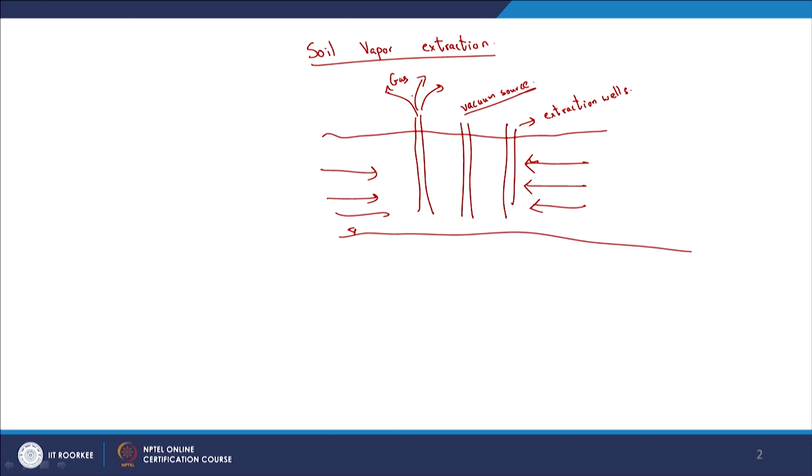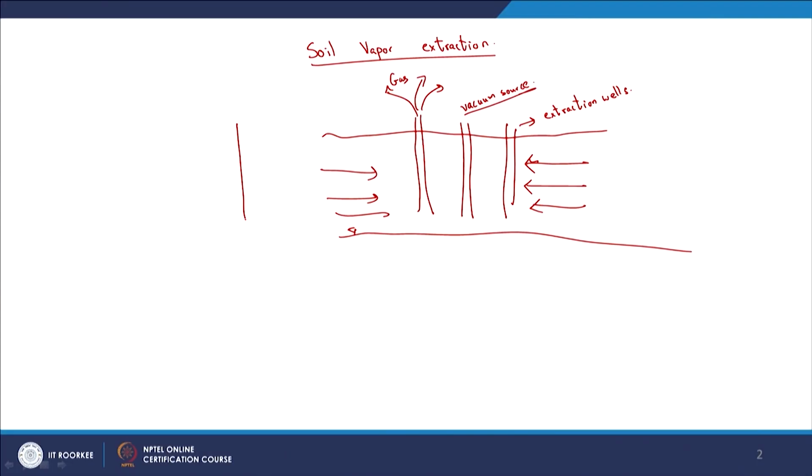As you are drawing something out, there is always going to be some resistance over time. So, you will need to have an injection well, if I can call that an injection well. And what is its role now? It is going to let the air come in.